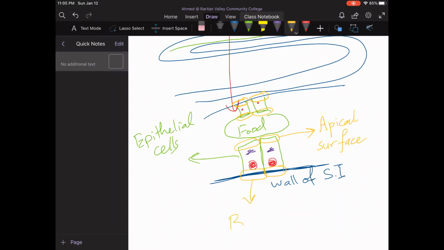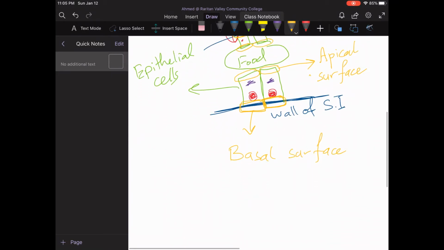This is called the basal surface. So the apical surface usually is the one that is open to the cavity, open to the external surface, right? Whereas the basal one is the attachment, where the cell is attached to the other structures.